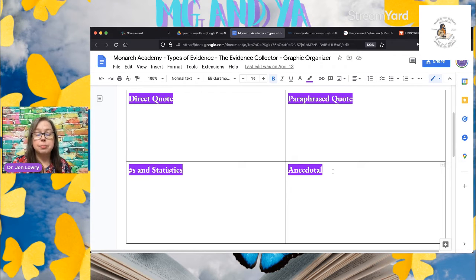Then that third one, the numbers and statistics, they're really easy to spot. You'll be able to see them. You'll be able to look at the charts. If you've been given informational text and it has a graphic on it, don't skip that. It's really important to review it and to see why the author chose to include it, because there is a reason. It's not just because they wanted to fill up their space.